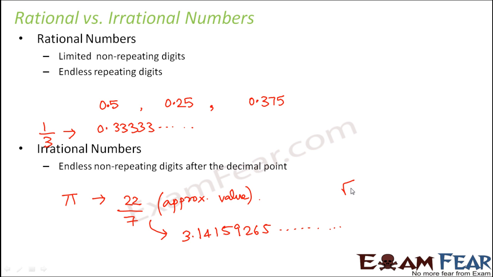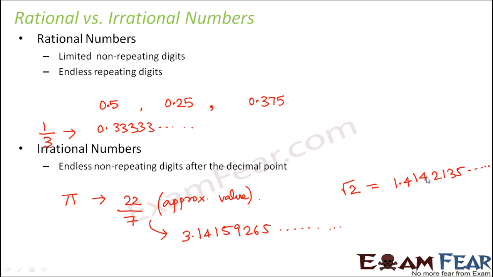Similarly, if you try to find out the exact value of root 2, the value is considered to be 1.414213 and so on. The value here also never ends. Since it doesn't end and you have non-repeating digits after the decimal, you can never have an exact p by q form for that number.